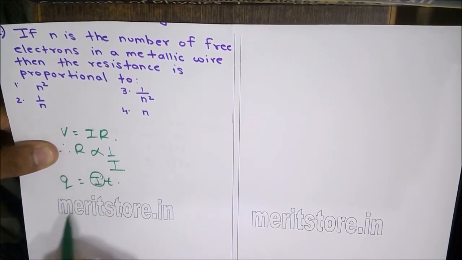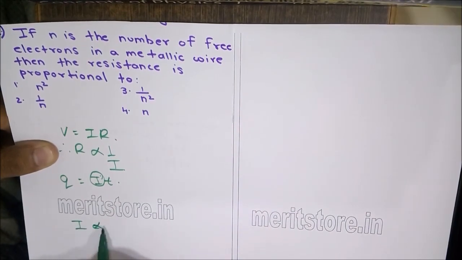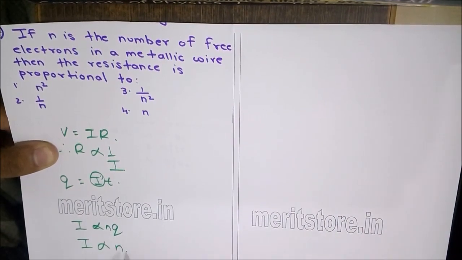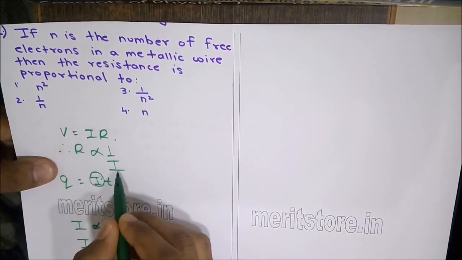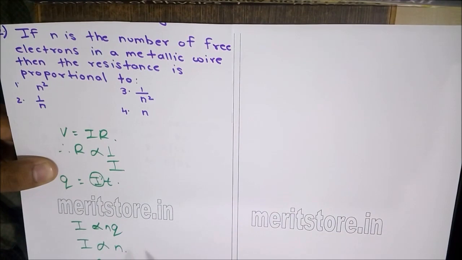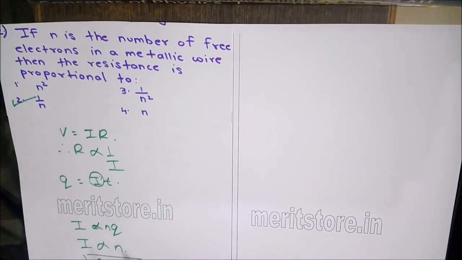So I, current, is proportional to the charges, which is the number of electrons. So I is directly proportional to N, and since I is directly proportional to N and R is inversely proportional to I, therefore R should be inversely proportional to N. Therefore the answer is option 2, 1 by N.